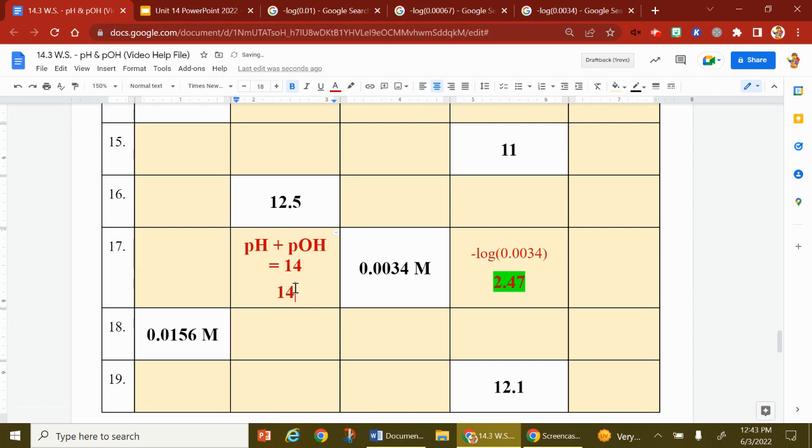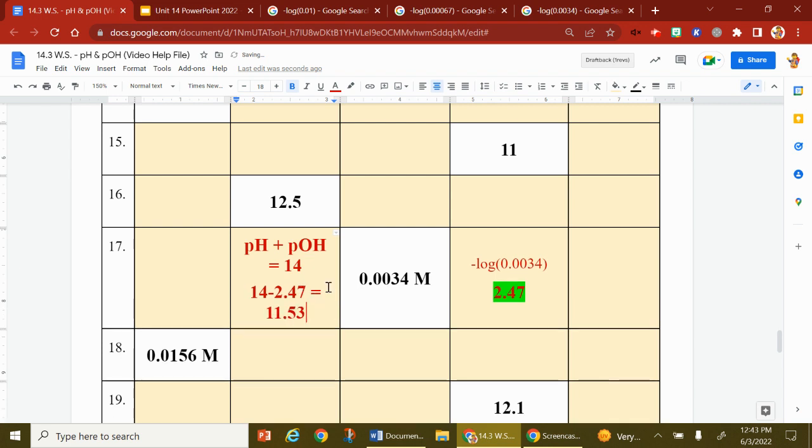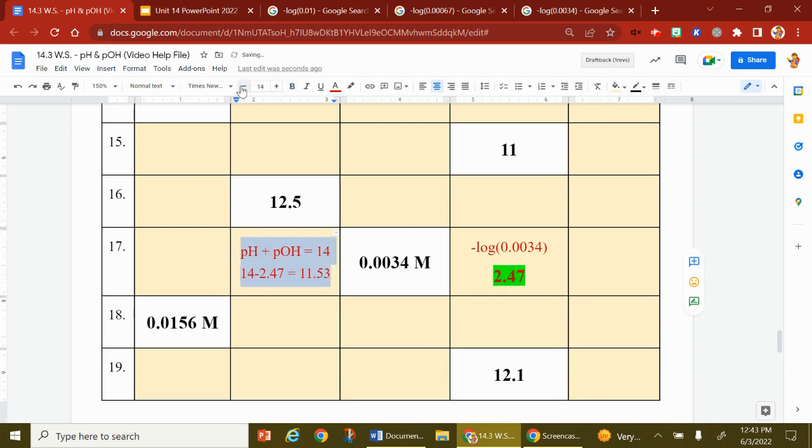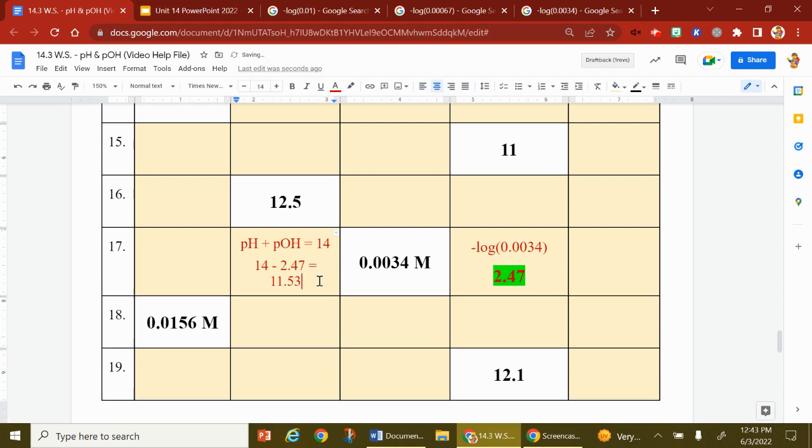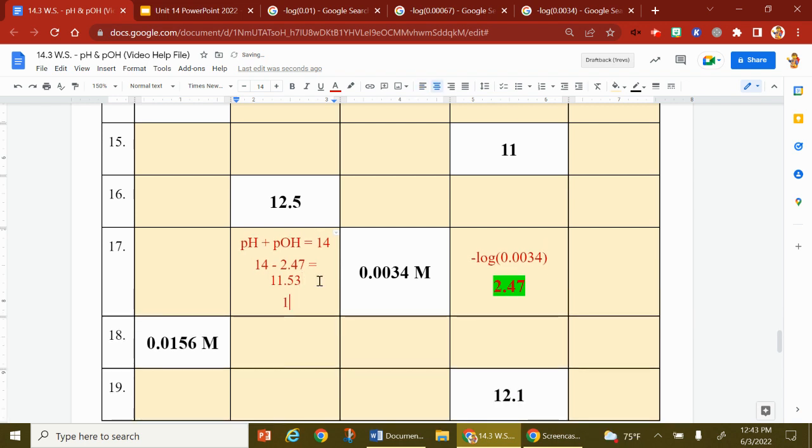Well, we'll just take 14 and subtract 2.47, and mental math drum roll, you should get 11.53. All right, that is your pH, because 11.53 plus 2.47 gets you 14. So the pH is lining up, all right?